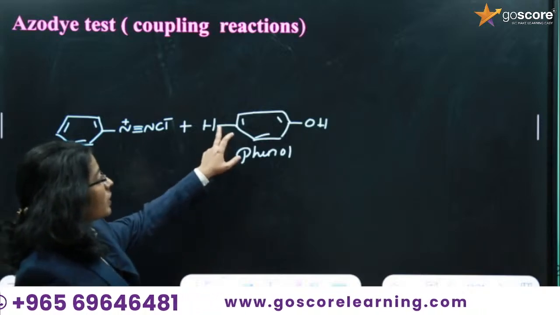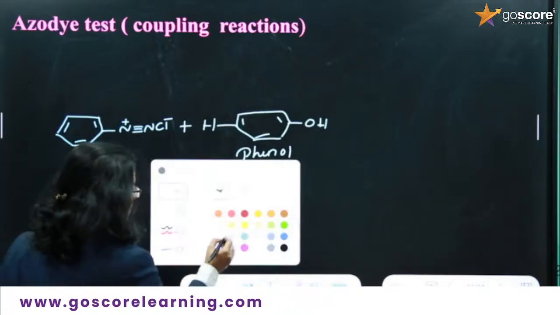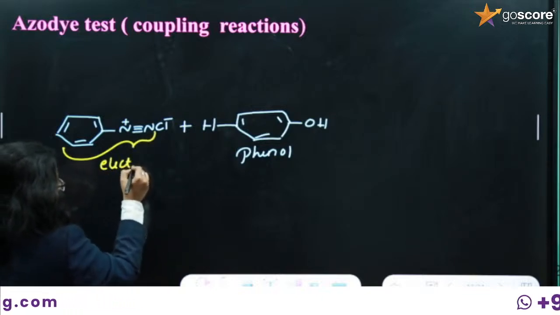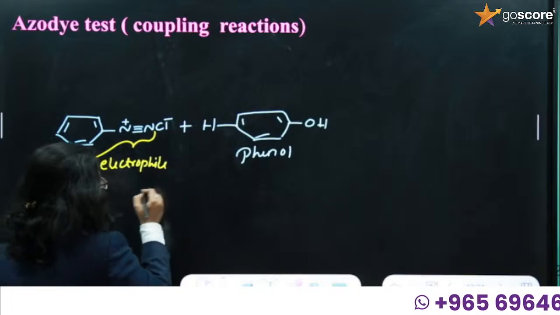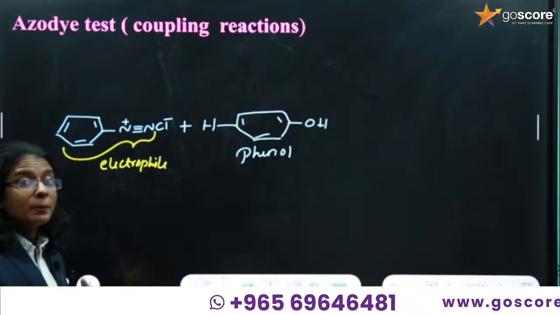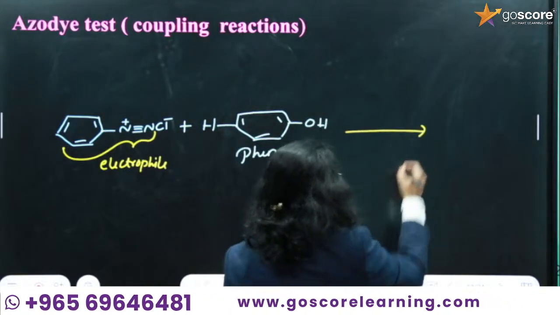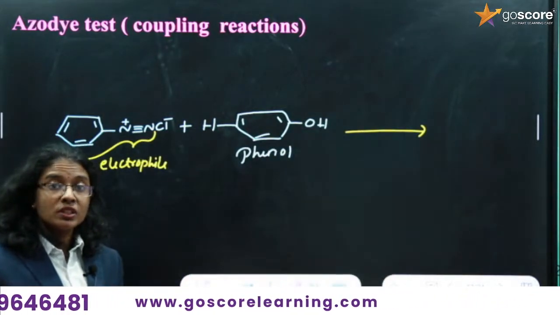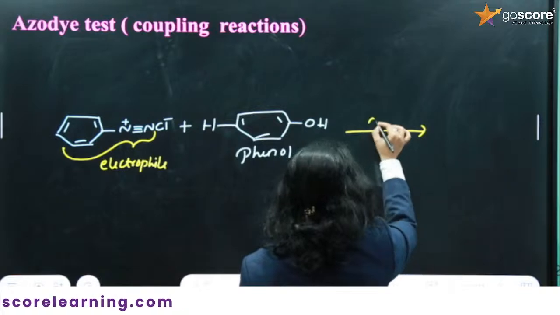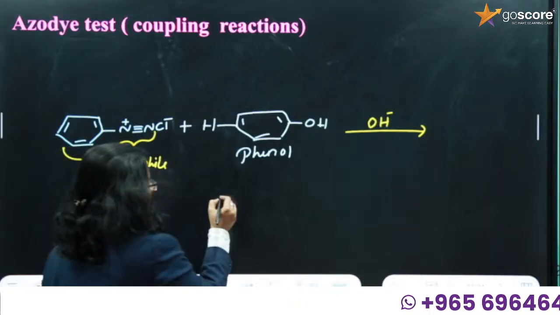On the para position of the phenol, the hydrogen will be removed, and this group acts as an electrophile. This electrophile will be coupled at the para position. So you will get para hydroxy azobenzene, which is an orange dye. From the color you can understand that the compound is aromatic primary amine.